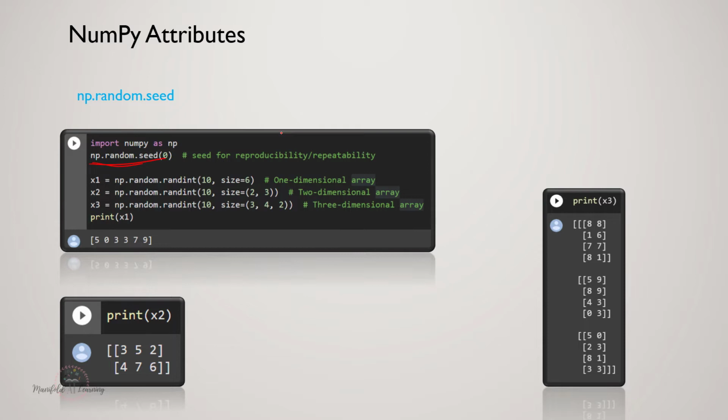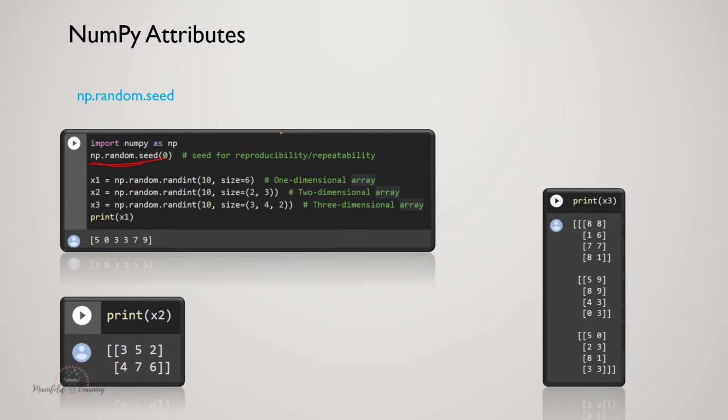It is a method that ensures the reproducibility and repeatability of the NumPy array. If we specify np.random.seed and then call the random module, no matter who runs it, everyone is going to get the same output. And that's the best part of np.random.seed.